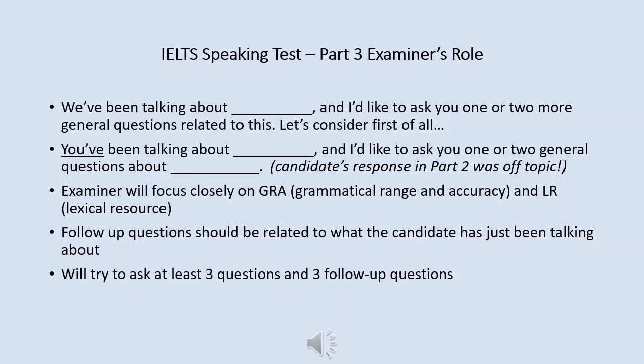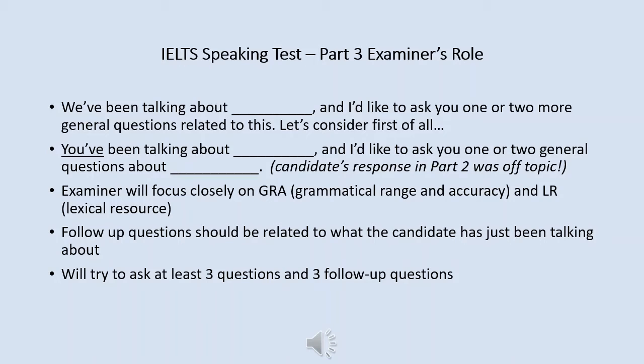At the beginning of part 3, the examiner will say, we've been talking about a house you'd like to live in, and I'd like to ask you 1 or 2 more general questions related to this. Let's consider first of all, and then they go into the questions that are in part 3.